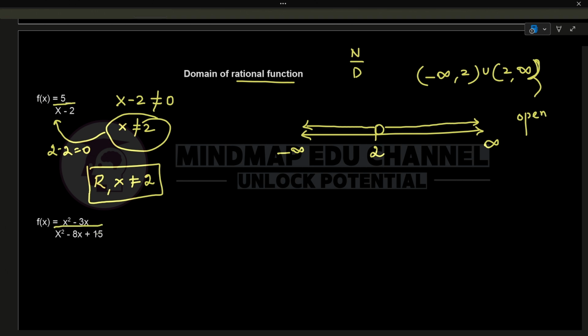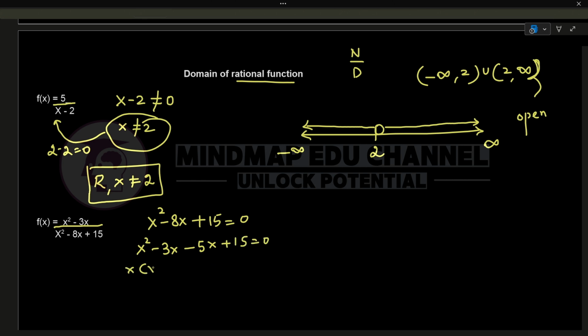Now, check the second function. f of x is equal to x square minus 3x over x square minus 8x plus 15. Now, here the first rule is that the denominator cannot be equal to 0. And here there is no radical function, so no need to think about the second rule here. Now, get the factors of this denominator, x square minus 8x plus 15 equals 0.